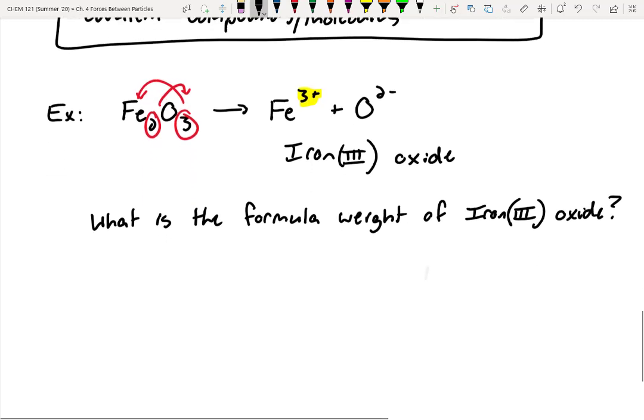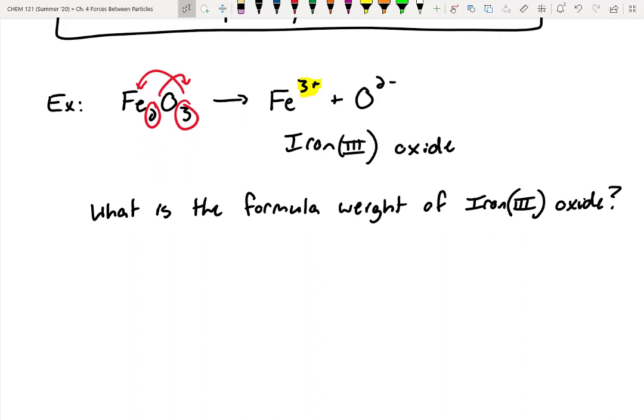Okay, so let's try to figure this out. Well, if I go to my periodic table, I could look up the mass of iron. Actually, I'll just say atomic weight of iron is going to be 55.85 mass units, right? Where oxygen, on the other hand, has an atomic weight that is a lot less.